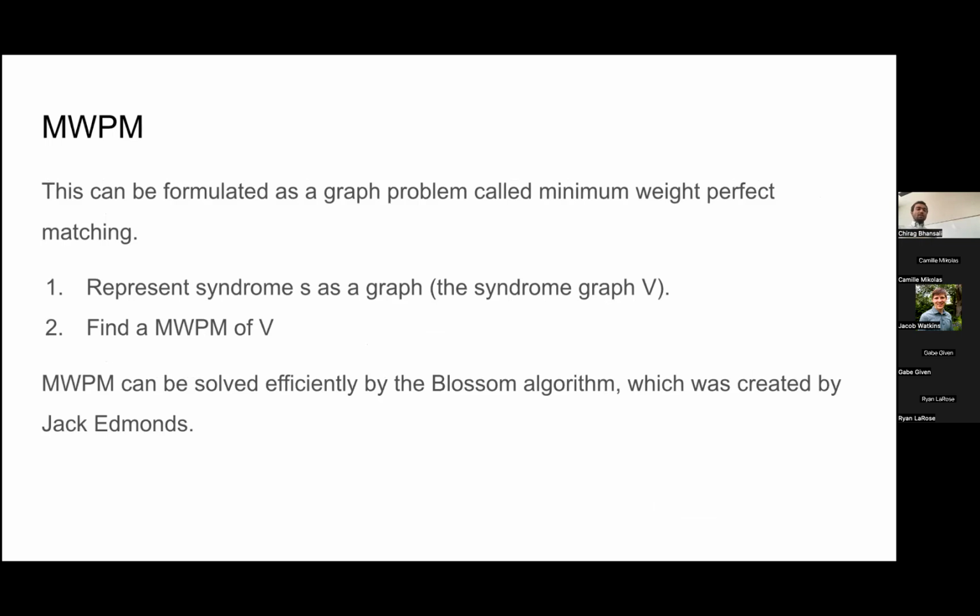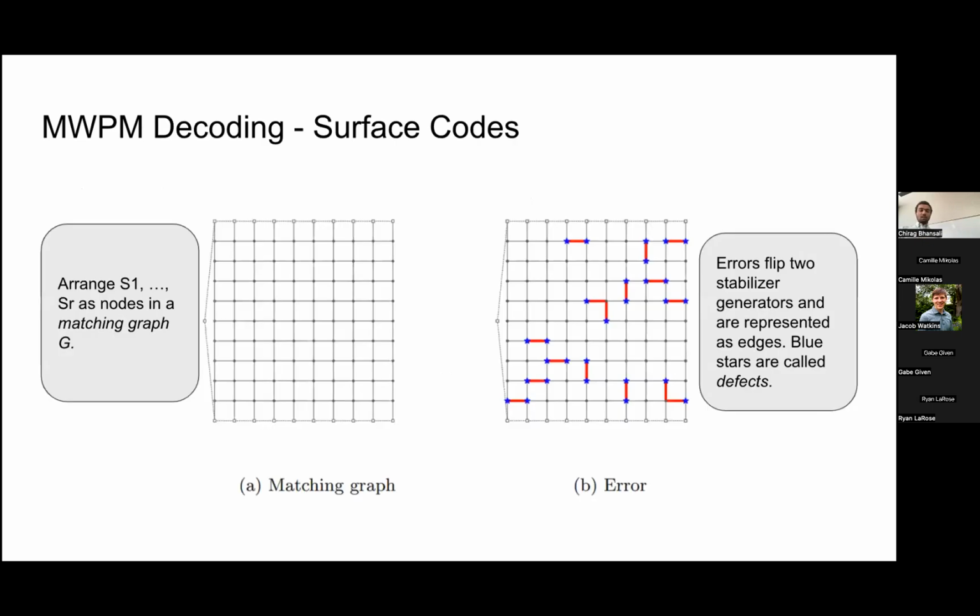As you can see, we formulate this as a graph problem, and then we represent a syndrome S as a graph. We use an algorithm called the Blossom algorithm to solve for the minimum weight perfect matching. As you can see, the edges represent the qubits. The ones marked in red have errors. The blue stars represent the defects on those edges.